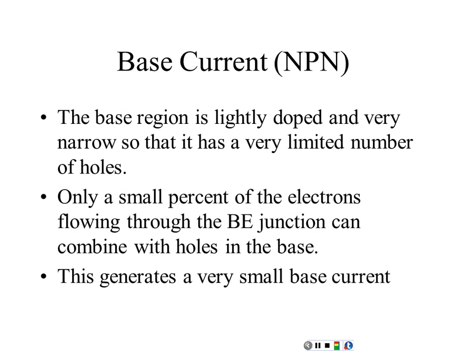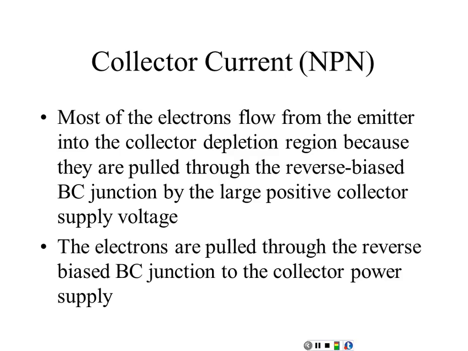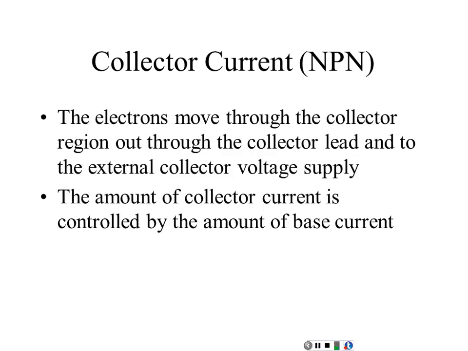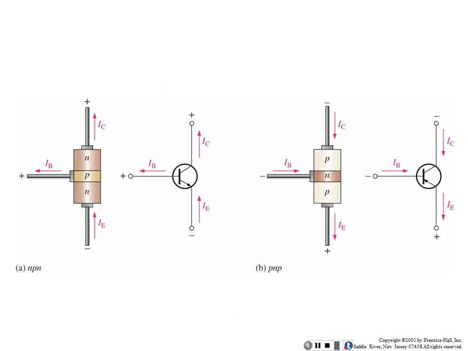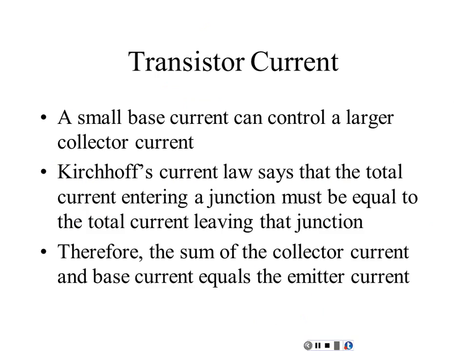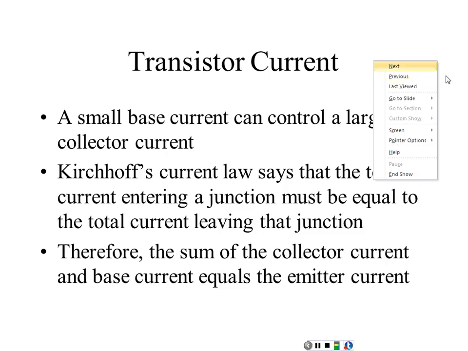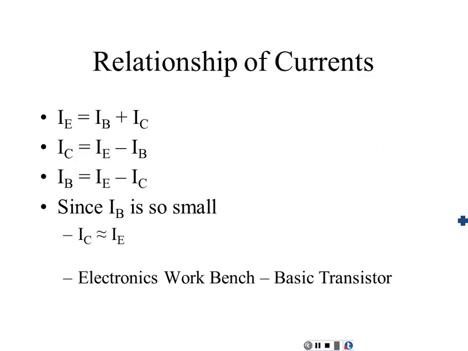The base region is lightly doped. We've already gone through this. The collector region pulls current through that reverse-biased junction, right? We looked at the two symbols. Kirchhoff's current law gives the relationship between our currents.